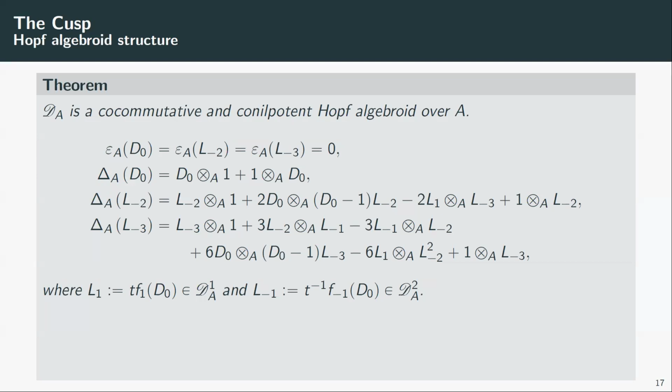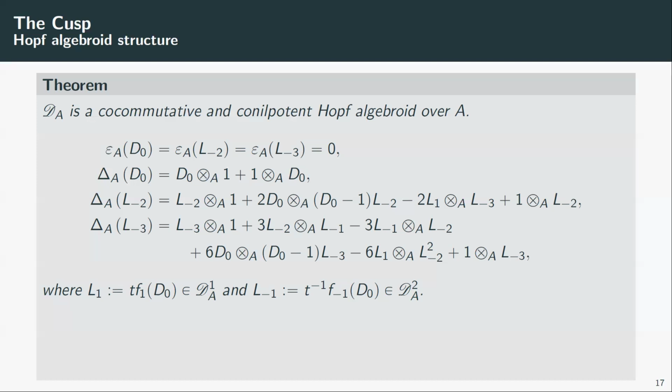However, it is not possible to do so in dA tensor dA. So we had to introduce operators of order 3, this one and this one, in order to formulate partial tensor partial.